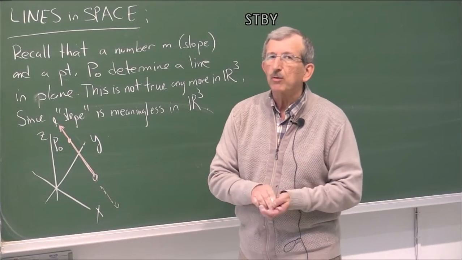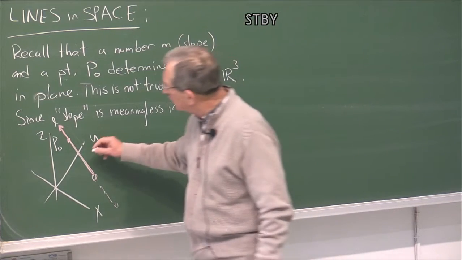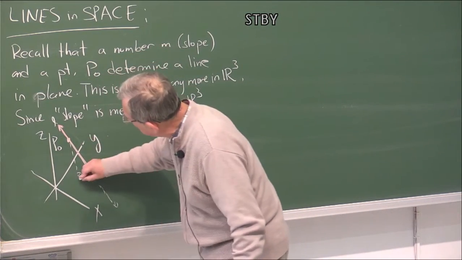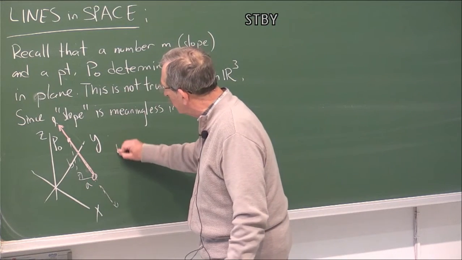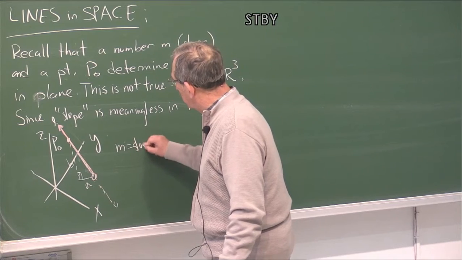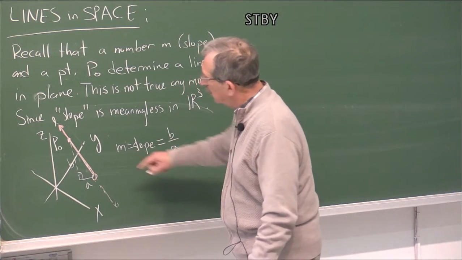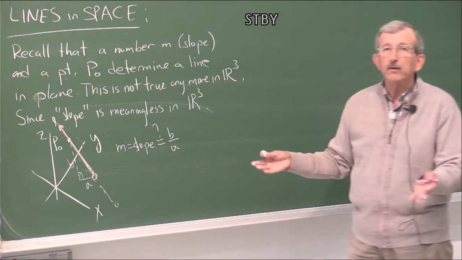What is the slope? Well, we can define it this way. We can draw a perpendicular here, and call this B and call this A. So slope is B over A. Could we define it this way?